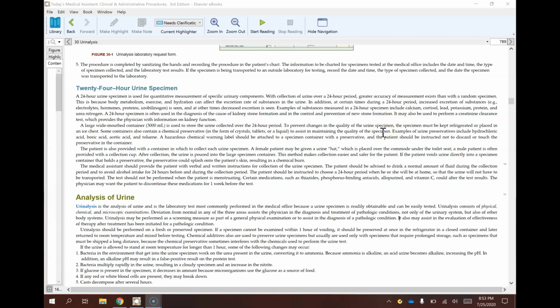So in order to get a 24-hour urine specimen, obviously the container has to be large enough. You also have to encourage the patient to refrigerate their specimen. Usually that container is large enough to hold 3,000 milliliters.